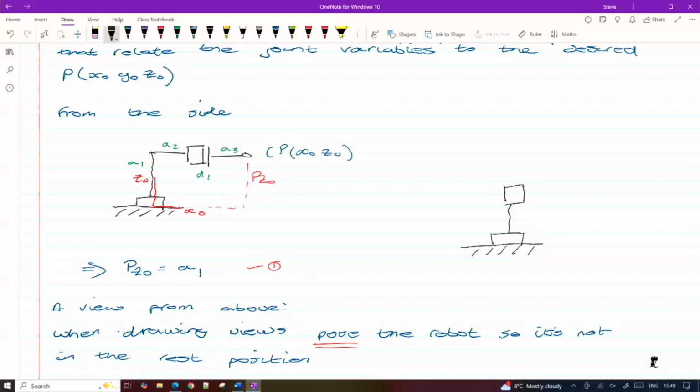We've got no variability in the vertical direction for this manipulator. So if we introduce a prismatic joint within that vertical column, we then have variability in the vertical direction. And then if we reduce A2 to 0, which would put the next prismatic joint directly on top of that, we end up with that situation. So we've got rotation, into and out of the board. We've got variation through the prismatic joint, vertically.